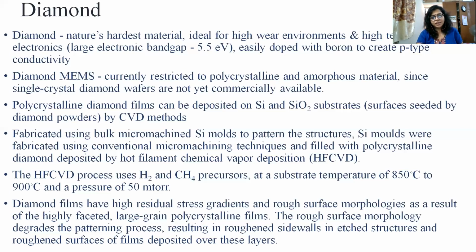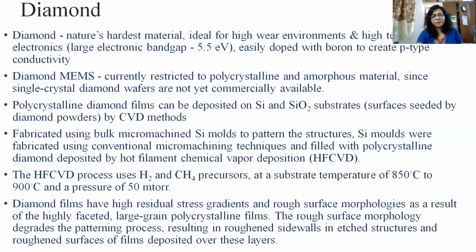The HFCVD process uses hydrogen and methane precursors at a substrate temperature of 650 to 900 degrees Celsius at a pressure of 50 millitorr. Diamond film has a high residual stress gradient and rough surface morphology as a result of the highly faceted, large grain polycrystalline film.